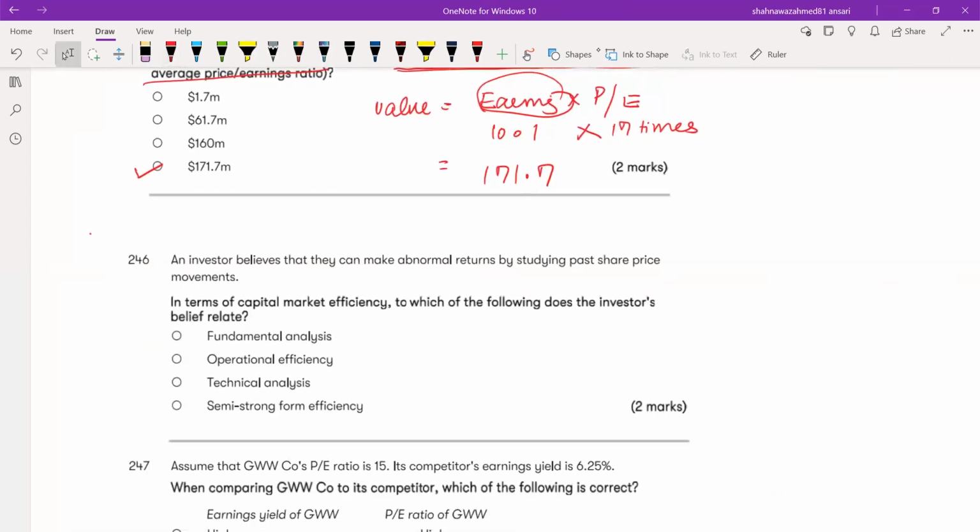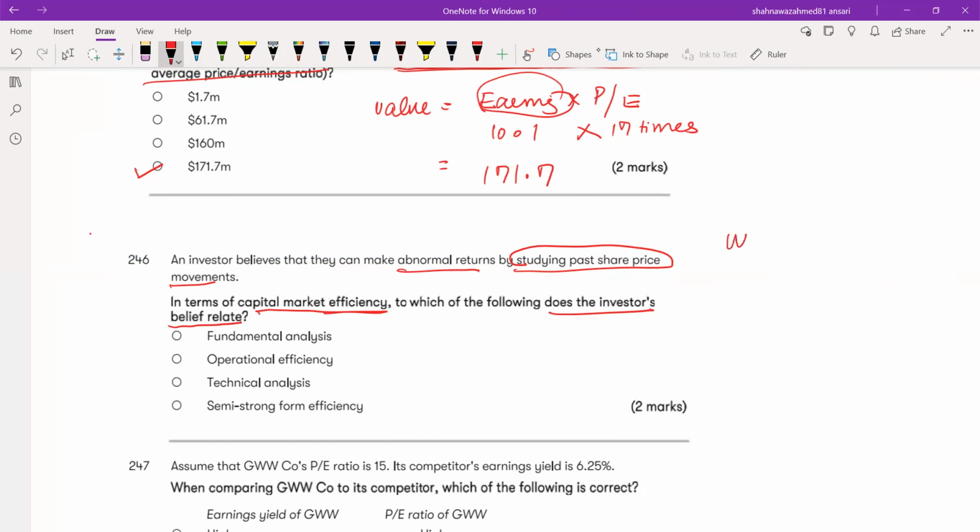An investor believes that they can make abnormal return by studying past share price movement. In terms of capital market efficiency, in case of an efficient stock market, to which of the following does the investor's belief relate? We can generate abnormal return by studying past share prices.